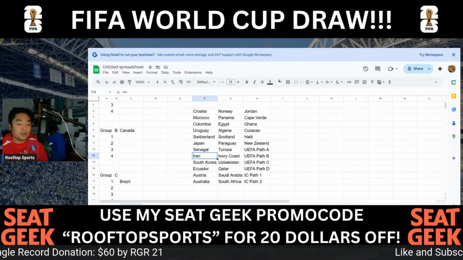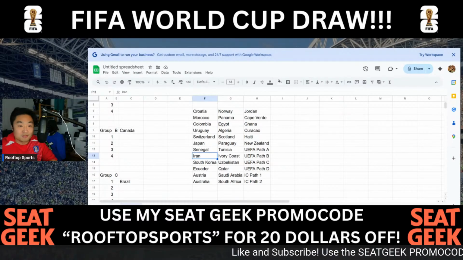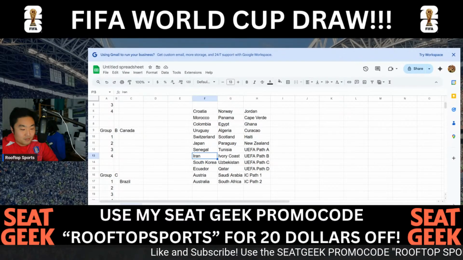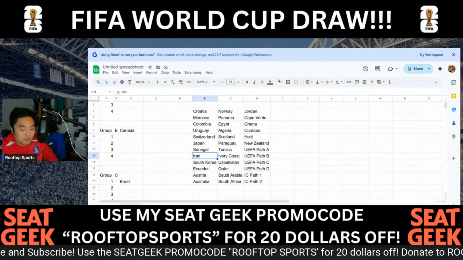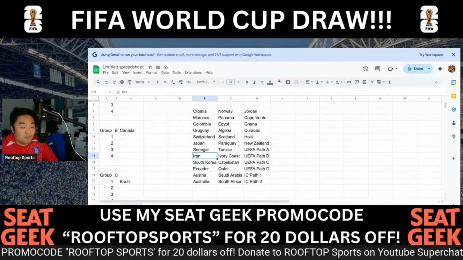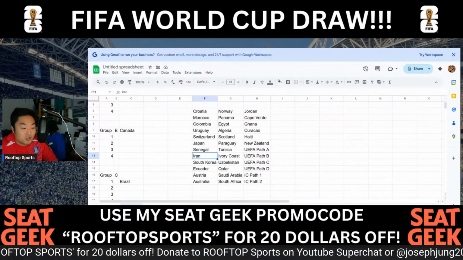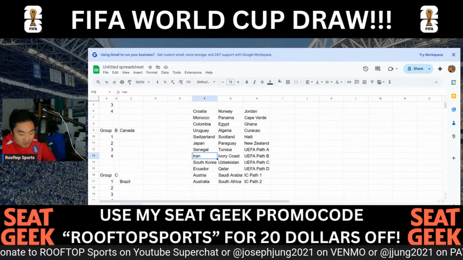They are now going to be drawing, and please don't take that long. Teams from the same confederations cannot be drawn unless you're a European team. So 2 Asian teams cannot be drawn in the same group.